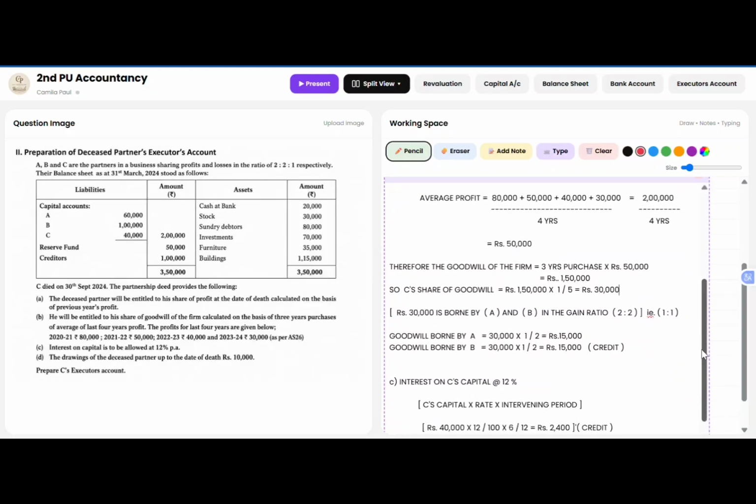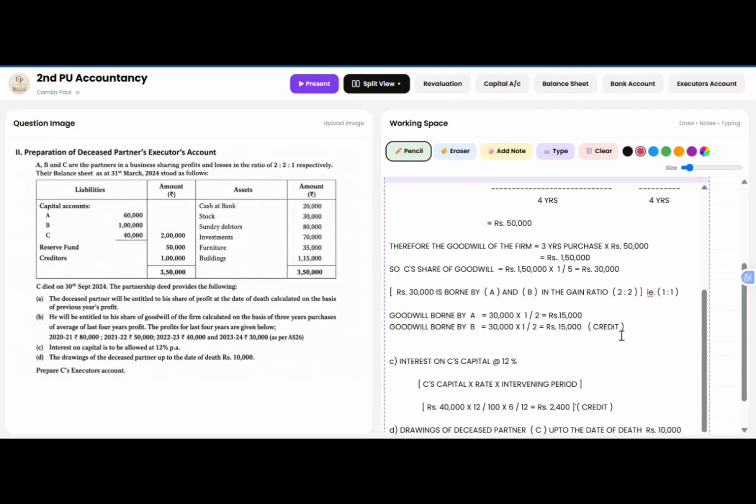So goodwill borne by A will be rupees 30,000 into 1 by 2 is 15,000 rupees, and goodwill borne by B will be 30,000 into 1 by 2, which will be 15,000 rupees. So both are bearing the goodwill of C equally. So this also will appear on the credit side of the executor's account.